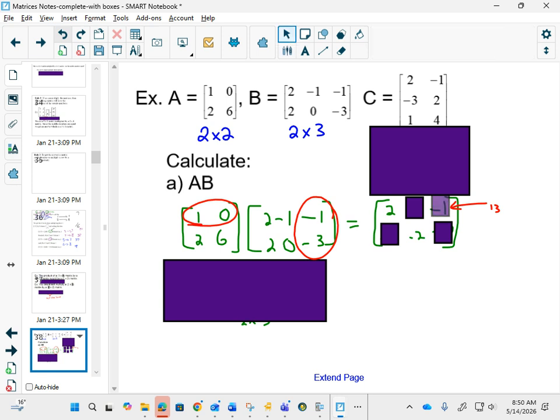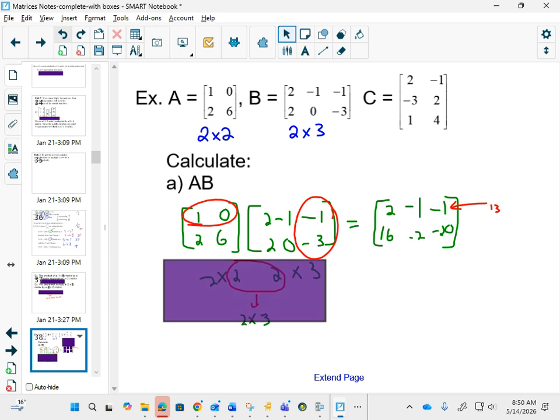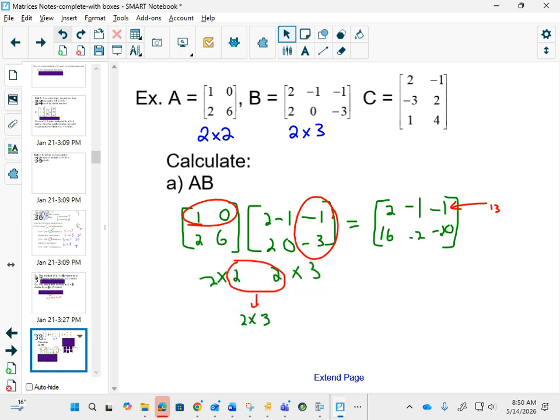Mental math, and you see you're going to get -1. Because 1 times -1 would be -1. 0 times 3 would be 0. 0 times -3. So we can figure out all of those answers just by taking the rows and the columns, crashing them together, and figuring things out.